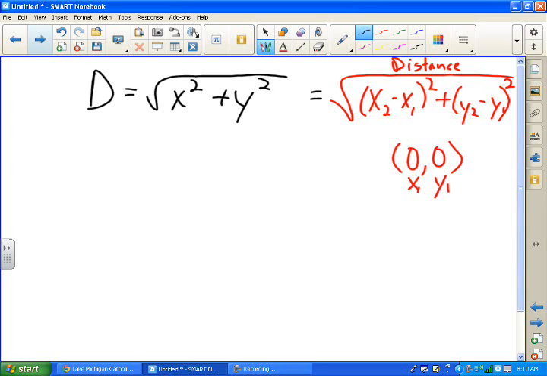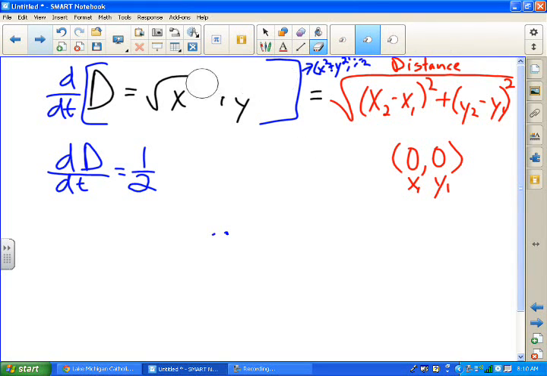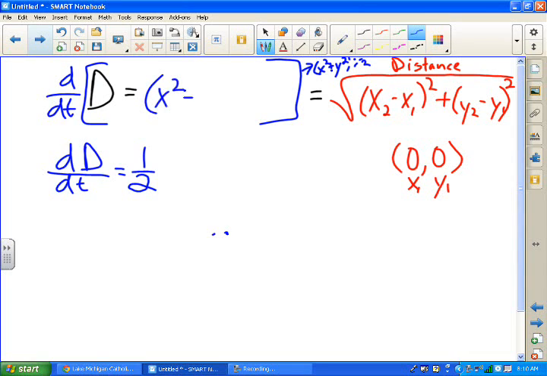So the first step is always going to be to write out a formula and then differentiate. Now that I have an equation, I'm going to differentiate with respect to time. Remember that the square root of x squared plus y squared is the same as raising everything under the radical to the 1/2 power. That makes taking the derivative easier, because then I can apply the power rule.